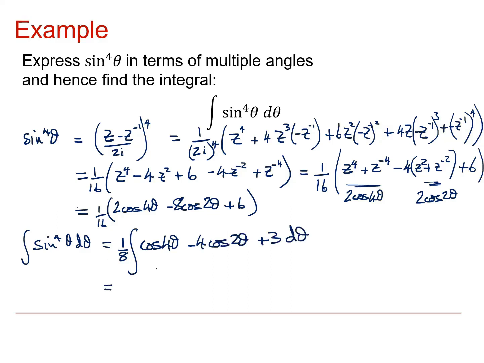Now when I integrate cos 4 theta, I get sine 4 theta over 4, so I get 1 over 32 sine 4 theta, and then from the integral of cos 2 theta, I get sine 2 theta over 2, so I get minus 1 over 4 sine 2 theta, plus 3 theta over 8 plus a constant.